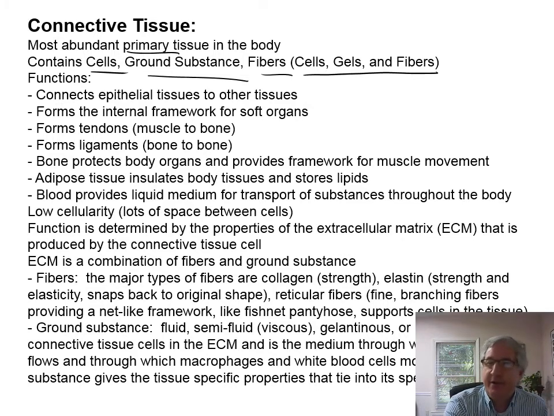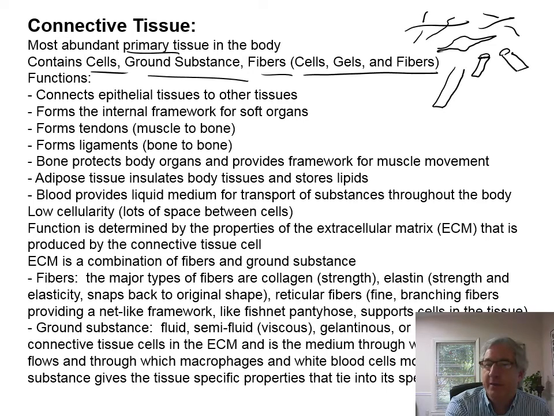So you have cells, and you have fibers. I'll draw these as little cylinders, okay? You can have fibers that are small and they're all over the place, and you can have longer fibers maybe.